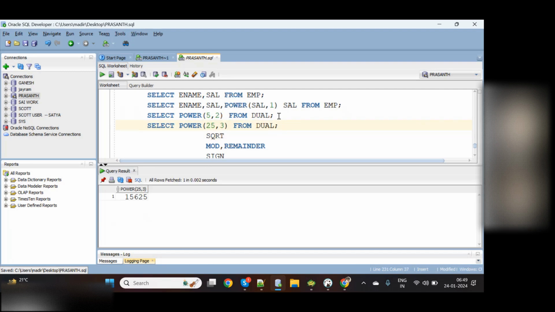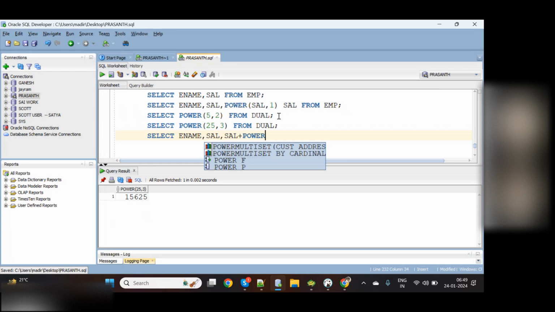Or else, my manager asked, please increment salary by 1000 for each member. I can simply write 1000, but by using the power function I will write 10 comma 3. So 10 cube is also nothing but adding 1000.